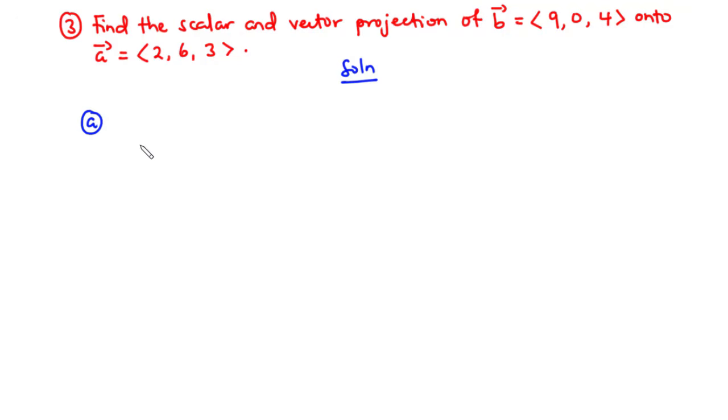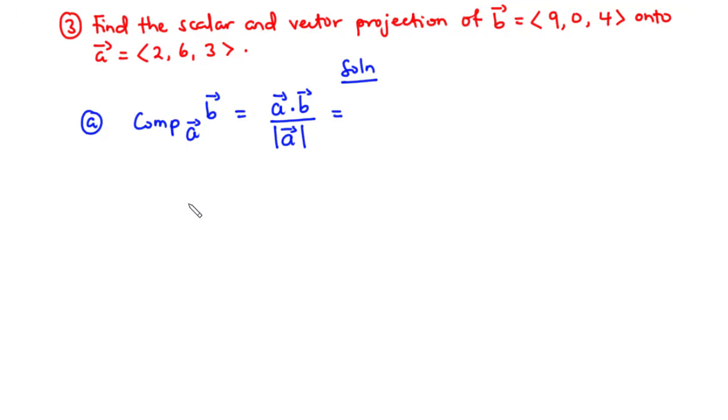The scalar projection of vector B onto vector A is given as the component along vector A, and that is equal to the dot product of vector A and vector B divided by the magnitude of vector A.